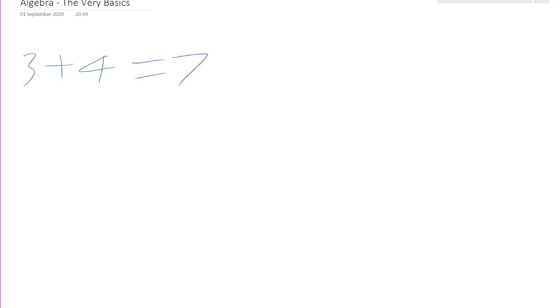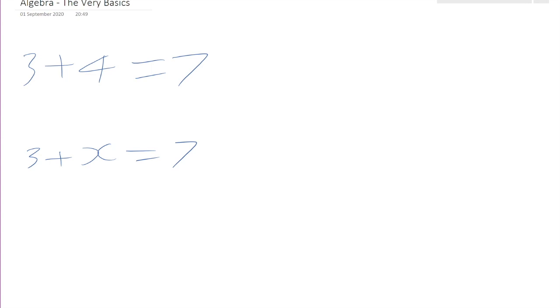That is a statement, that is a true fact, you know that. That's great. In algebra, we deal with things that might look like 3 plus x equals 7. And in those cases, we're interested in, well, what values of x make that expression true?